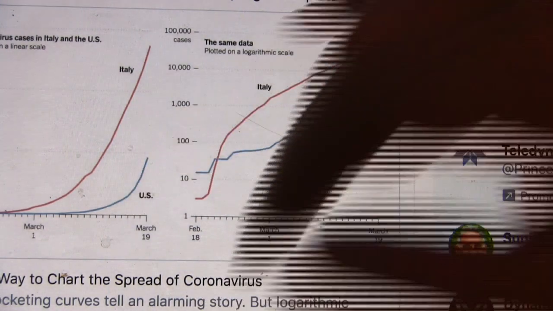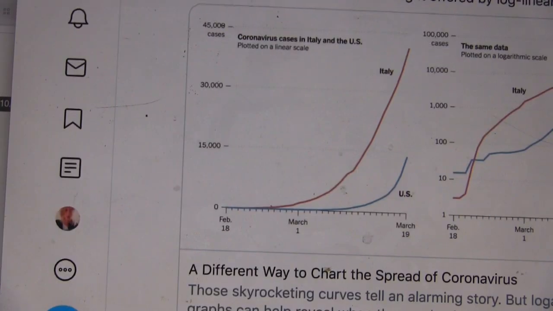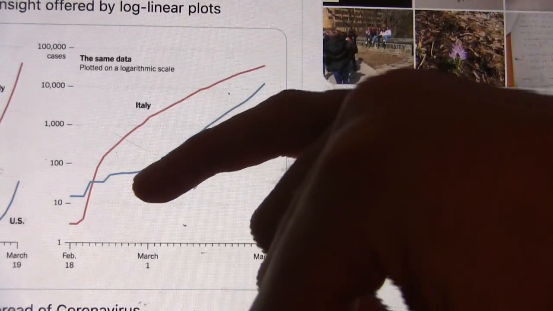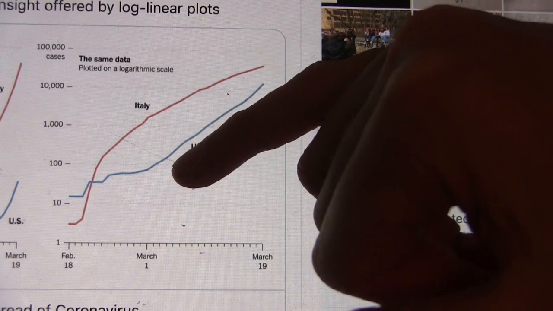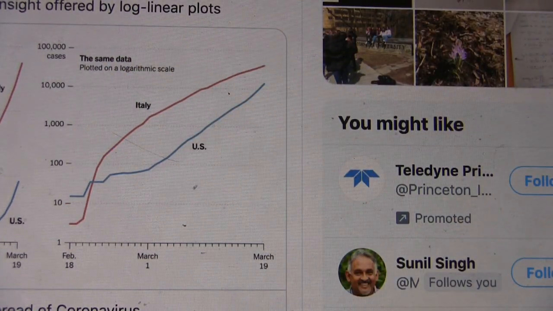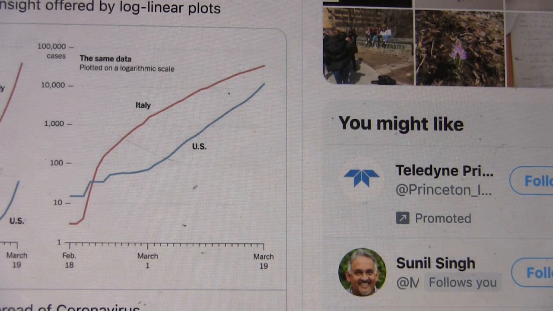So from our original graphs, it's hard to see that. With the log graphs, it tells us a story that the U.S. is still experiencing exponential behavior, and Italy actually is below exponential behavior, which is some way to see that things are starting to slow down a little bit, even though it's still terrible over there.